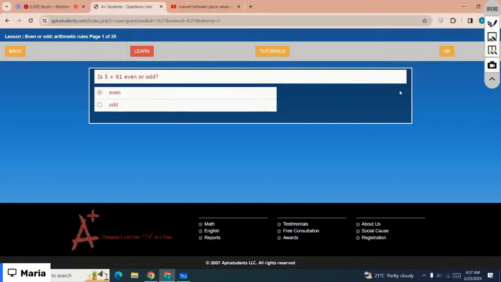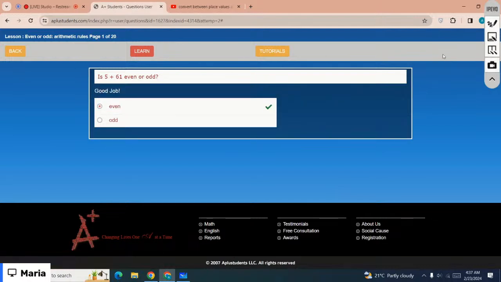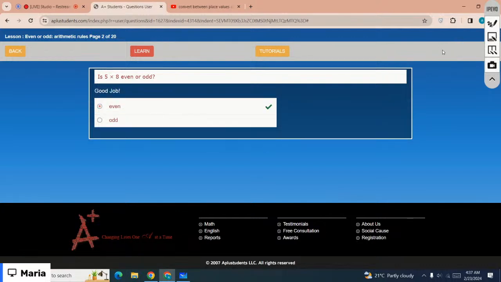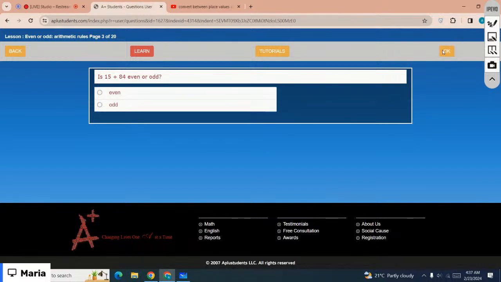When you add an even and an odd number, the answer is an even number. Is 5 times 8 even or odd? Even, right? 8 times 5 is 40 and 40 is an even number, right? So when you multiply an even and an odd number, the answer must be even, right?